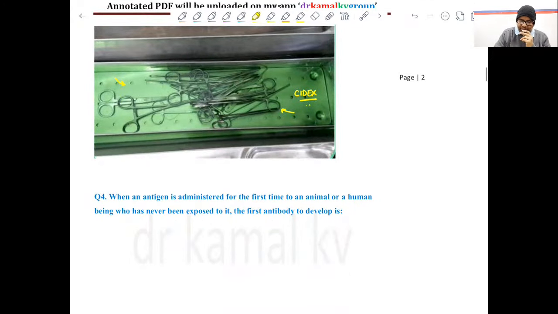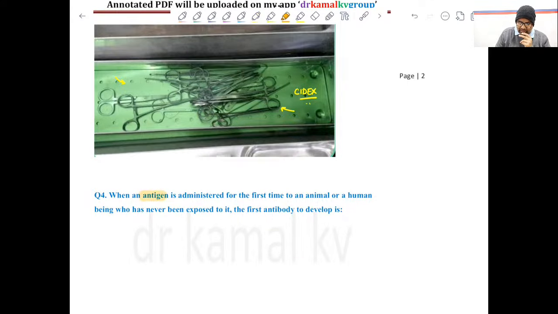Then moving forward, an antigen was administered for the first time to an animal or a human who has never been exposed to it. What will be the first antibody to develop? Now, the moment you find the word first in terms of immune response, always think of IgM. Clear?